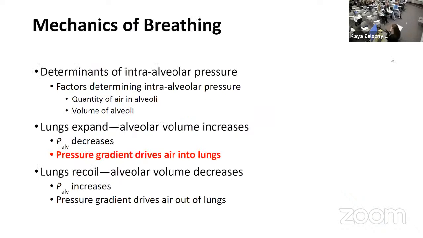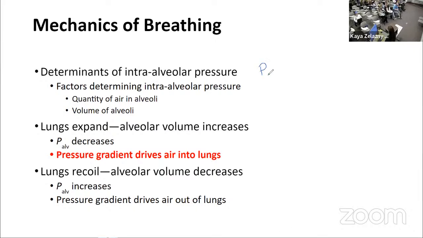All right. So our determinants of that intra-alveolar pressure, which is our pressure in the lung, so our PALV is how we note it down, is going to be dependent upon how much air is in the alveolus. So that's those little gas molecules from the previous image, right?